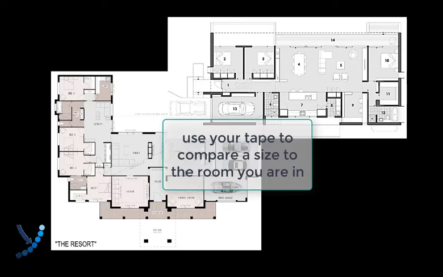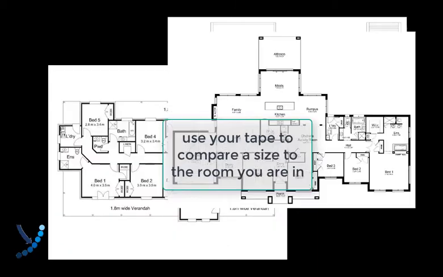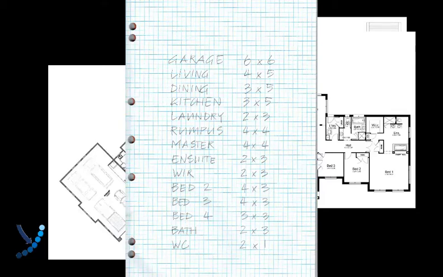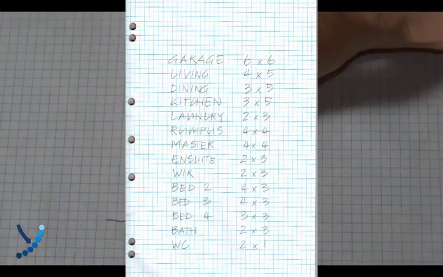A great idea is to use your tape measure to look at the size you want by comparing to an existing room you may be in, and transfer these ideas onto graph paper using the same method I'm about to show you. Or, the simplest way is just to make a list of all the rooms you want and approximate sizes, which will enable you to populate the Discovery without going to the effort of sketching a floor plan.